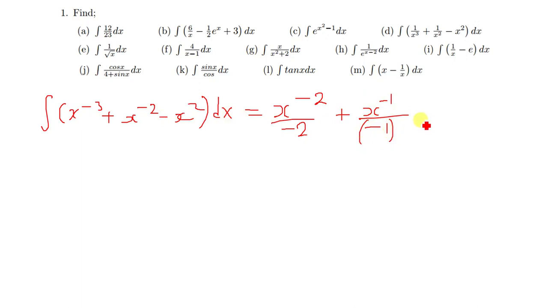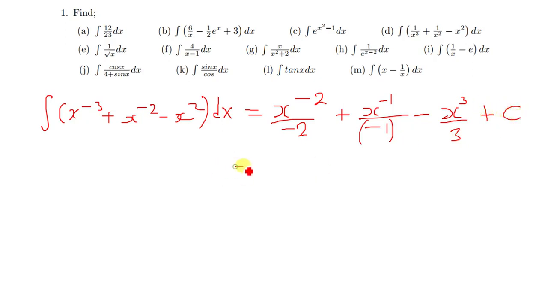And same applies here. I'm going to say minus x to the power 3 over 3, then plus c.